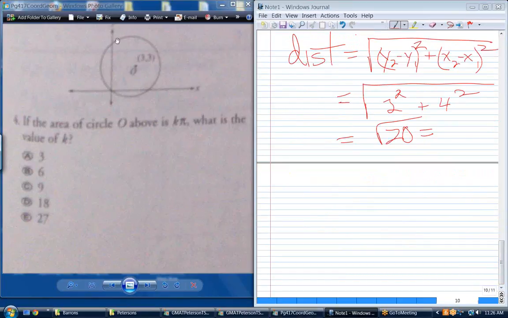All right. This circle area is k pi. What's the value of k?